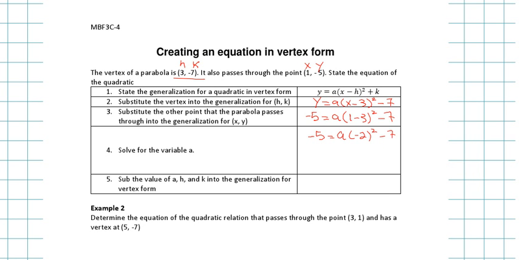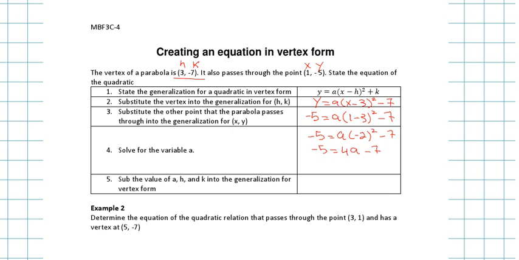Exponents. So I have to do this next. What's (-2) squared? Positive 4, because negative times negative is positive. So then I'm going to end up with -5 equals 4a minus 7.